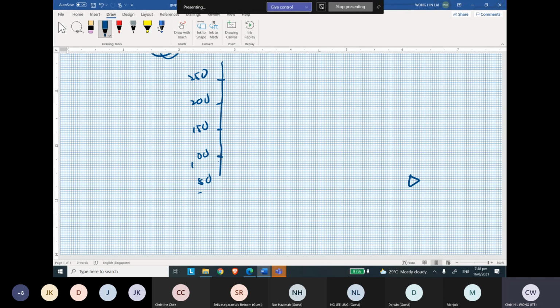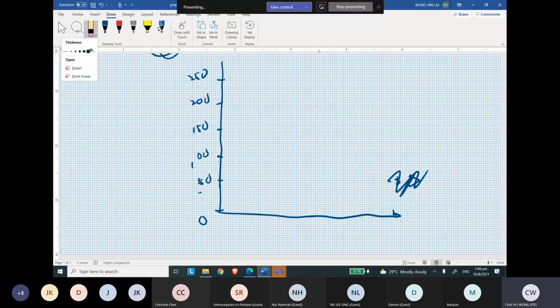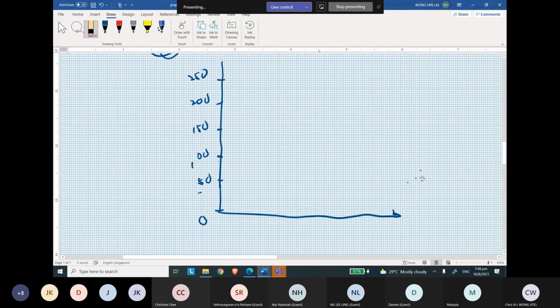If you want to start from 0, then you will have to take this away and draw again, another 5 cm starting from here, 0. Then your horizontal bar will start from here. You understand how we draw a graph? All right.